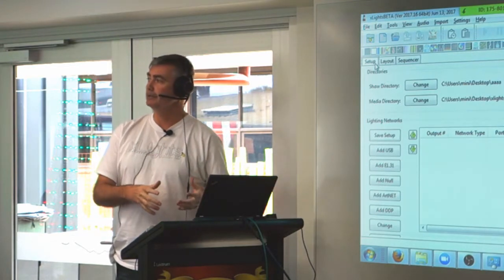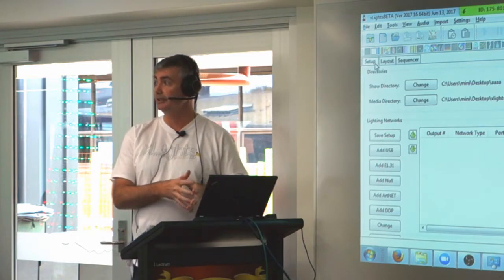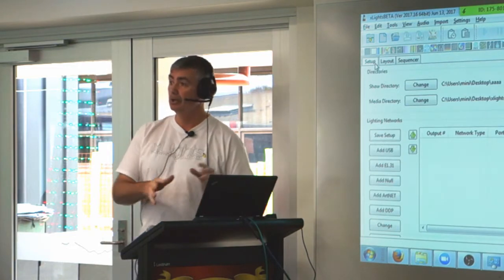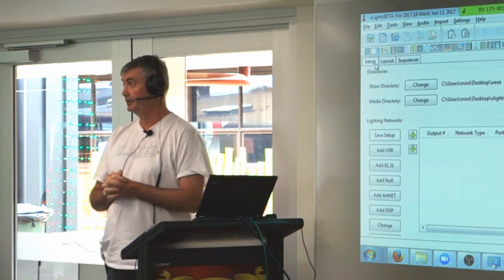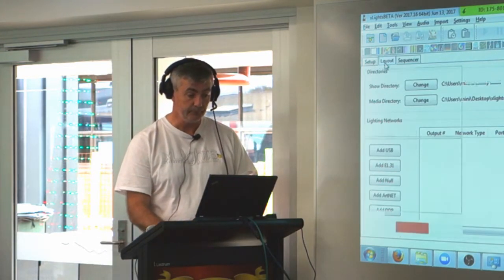However, if you do want to run or test your elements out of xLights, you will eventually have to put a configuration in here. And if you plan on using the xLights new scheduler to run your show, you do need to set up your configuration here. But it's not the first thing you have to do. You can leave that to later.